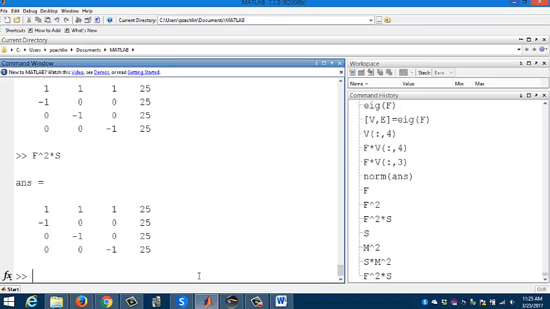So the question is, which one requires fewer computations? S times M squared, right? When you do matrix multiplication, that's a lot of work. Remember that one day we had a quiz where I had you guys multiply matrices by hand?